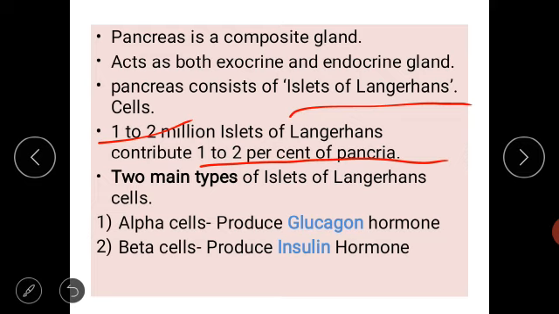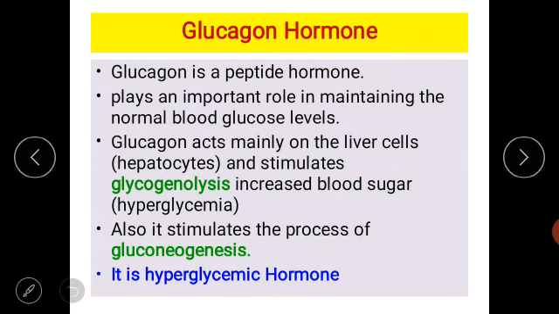The two main types of cells in the islets of Langerhans produce glucagon and insulin. I've told you the functions of glucagon and insulin. First we'll study glucagon. Glucagon is a peptide hormone, and it plays an important role in maintaining normal blood glucose level.